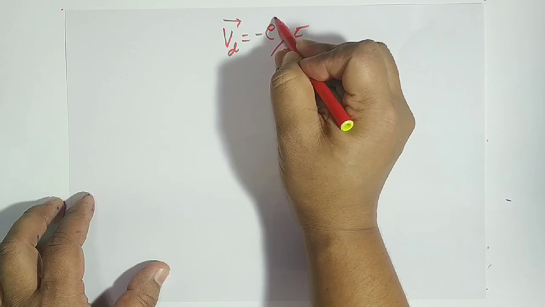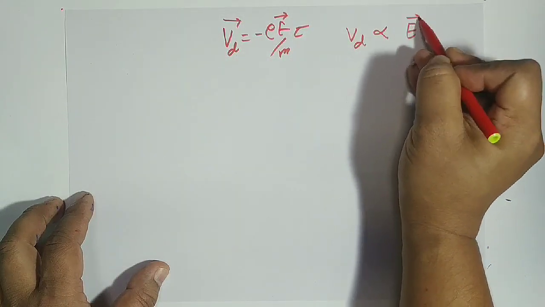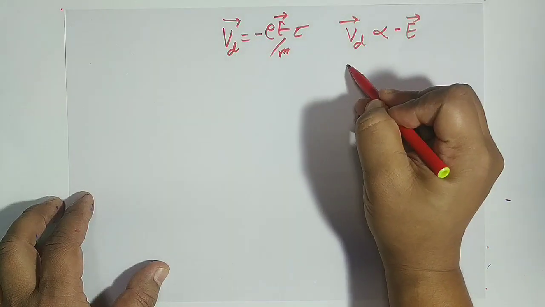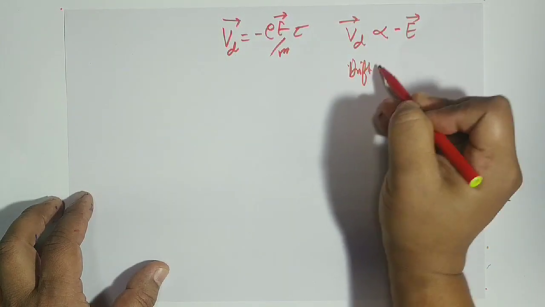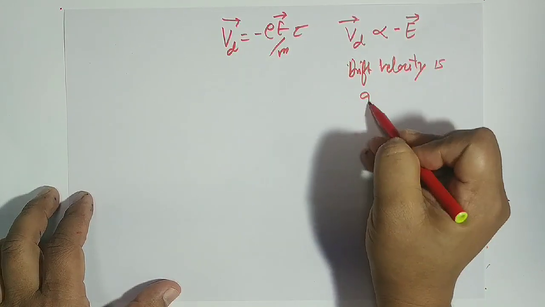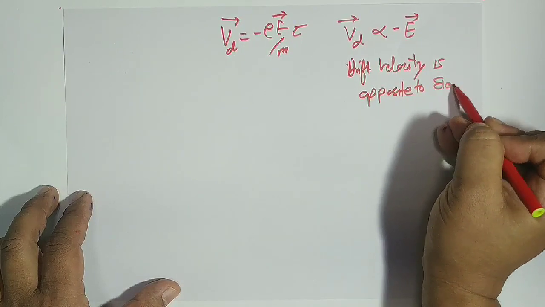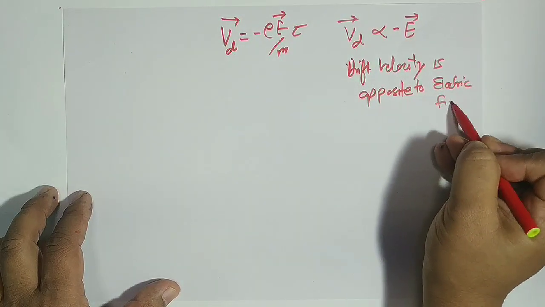Here we see that Vd is opposite to E. That means drift velocity is opposite to the electric field. This is the significance.